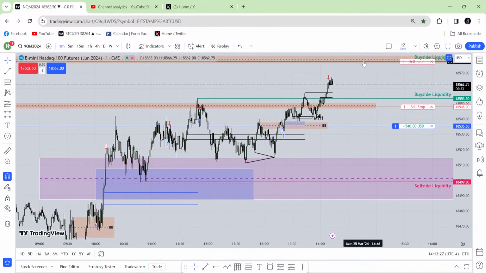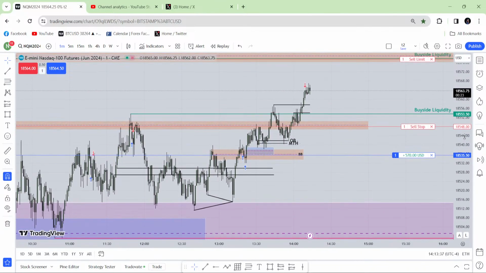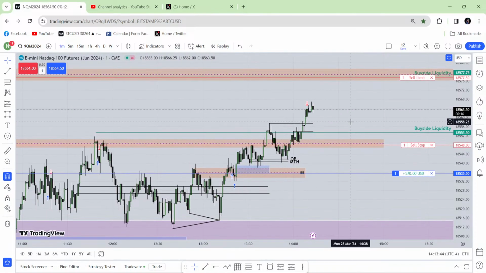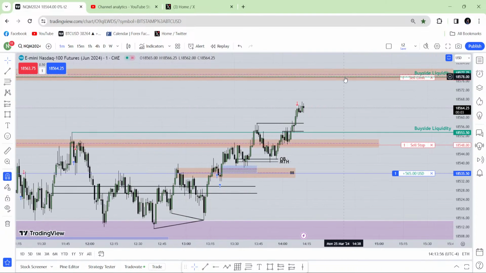I was believing that the market is going higher because I don't know how to read that. Then I asked Pro Trader, but brother, is that a market maker sell model? And he assured me that in his opinion this is not a market maker sell model. I don't know if he's right or not, but now he's right and I'm also right. It is going toward that buy side liquidity. I marked it at the morning session.